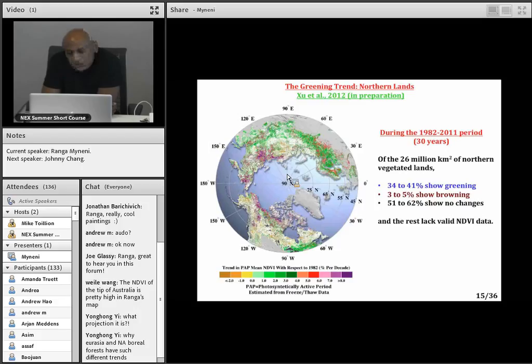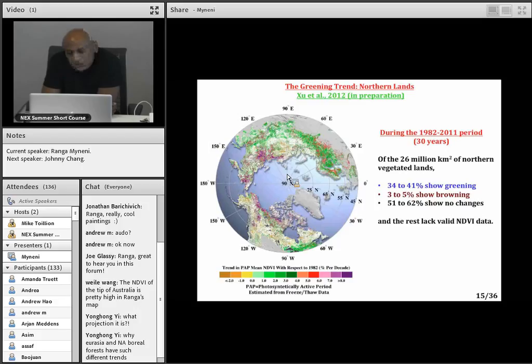You can do this analysis statistically quite rigorously, and you will find that there is a statistically significant association between anomalies of growing season temperature and growing season NDVI. So at the scale of Arctic and boreal, these very large spatial scales, temperature seems to explain.